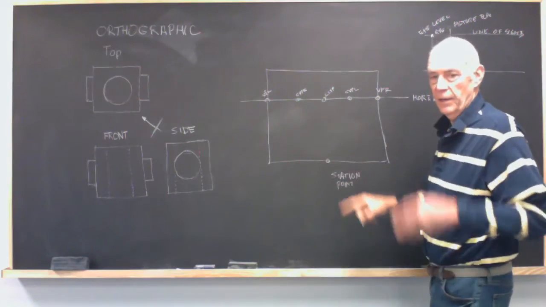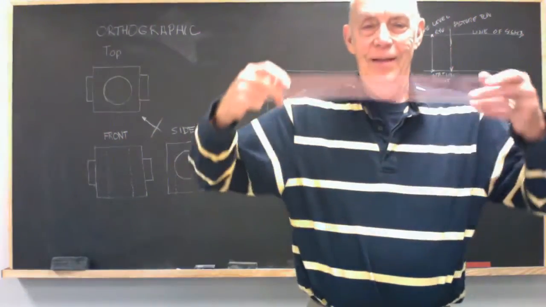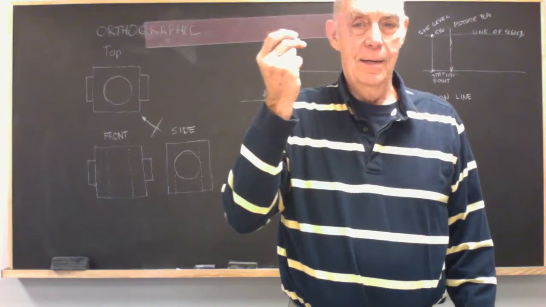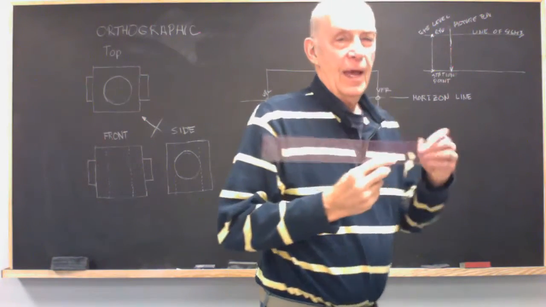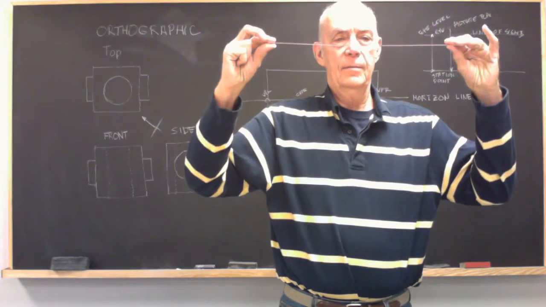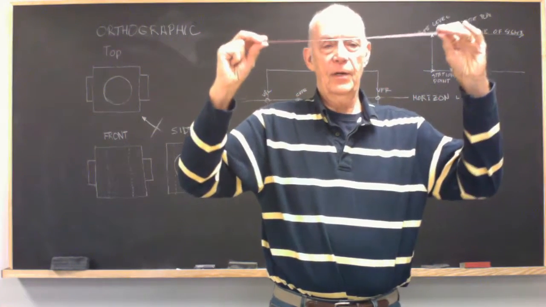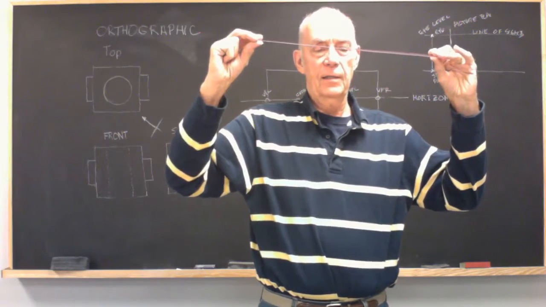We're standing with the picture plane running right through our eyeball. And our line of sight is running right through the horizon line. That looks about right for the horizon line.